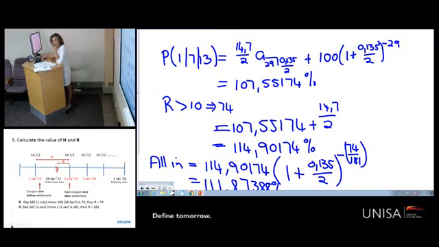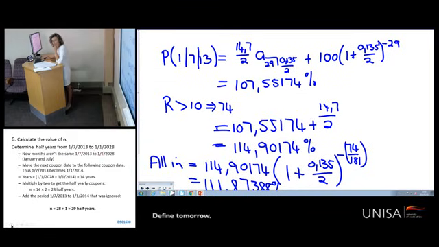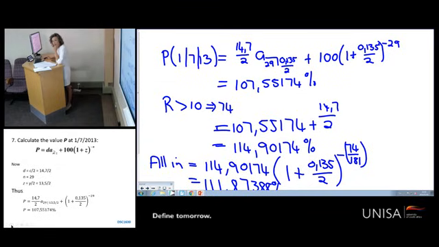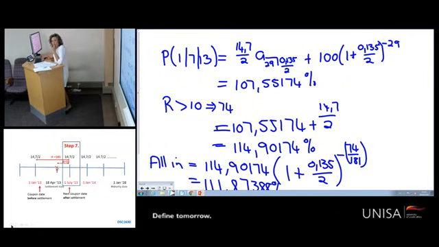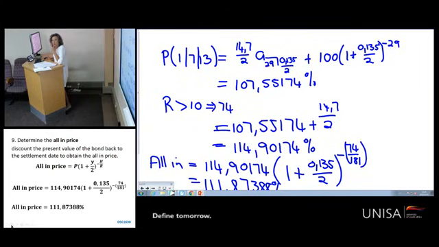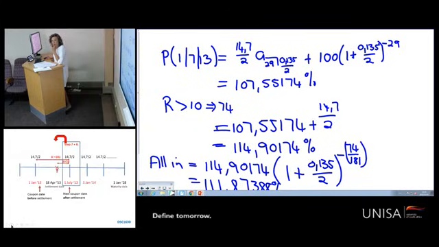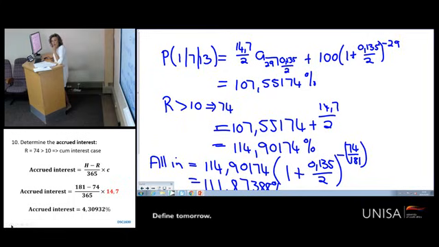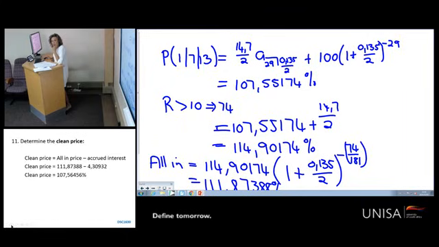We calculate our R and H value. We calculate our N. Then we substitute it back into our P value. Then we move it back, added the coupon or not. In this case, we've added it. Then we determined the all-in price. From the previous steps 7 and 8, we've moved it back to the settlement date. We can calculate our accrued interest and then determine our clean price.